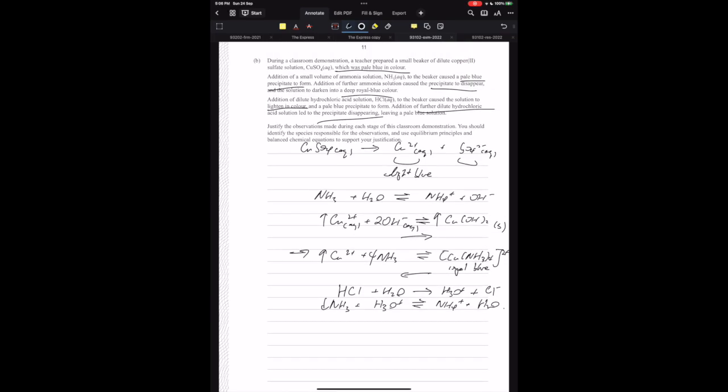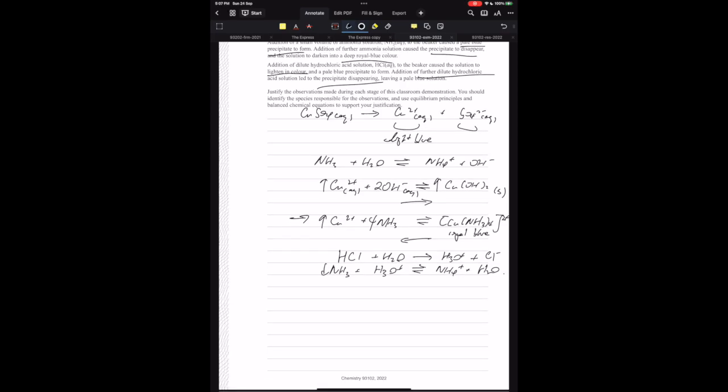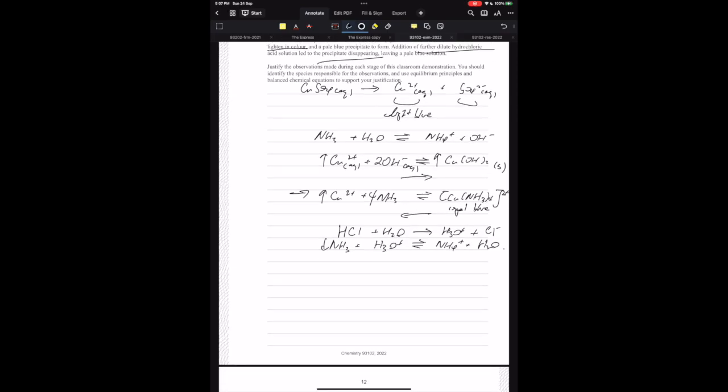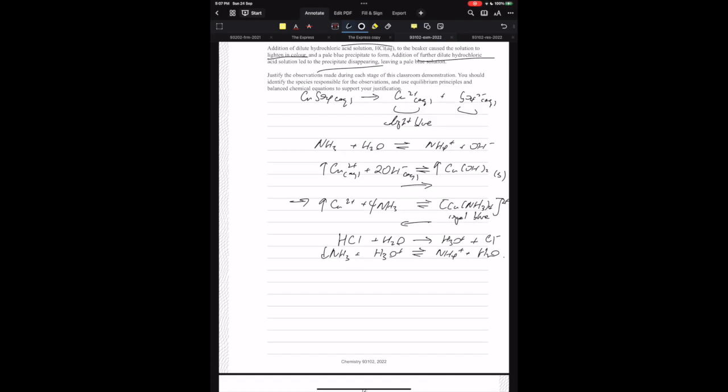Adding the further dilute hydrochloric acid solution has left you with just the pale blue solution that we started with, which was the copper sulfate. So why is that? Because we've added even more hydrochloric acid solution, any hydroxide ions in the solution would react with the hydronium formed by the HCl, and it would just give water.